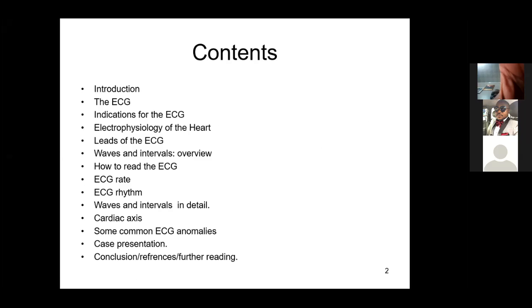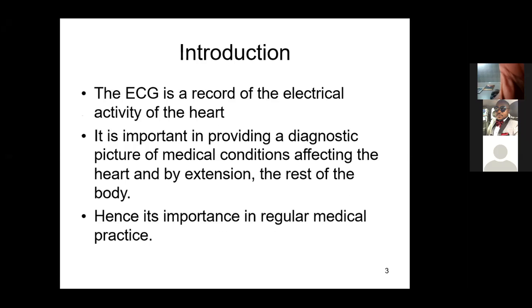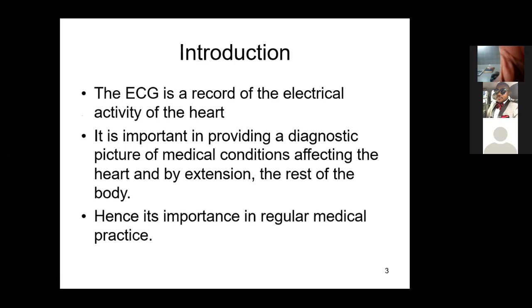So this is the table of contents. We'll start with a brief introduction. The ECG is a record of the electrical activity of the heart, as we all know. It is important in providing a diagnostic tool in regular medical practice.